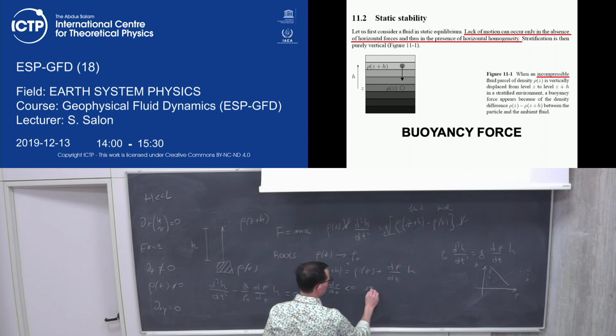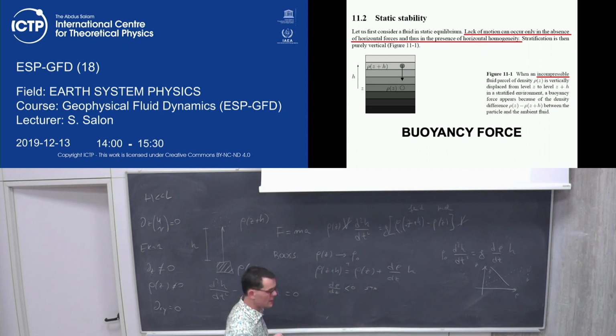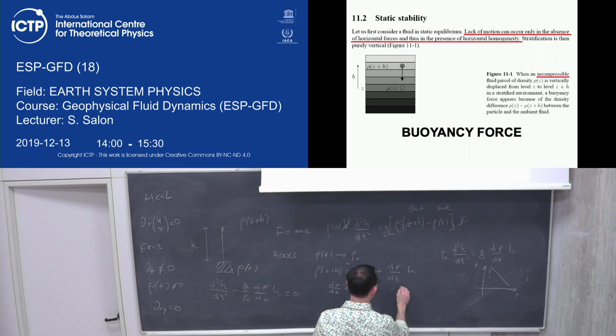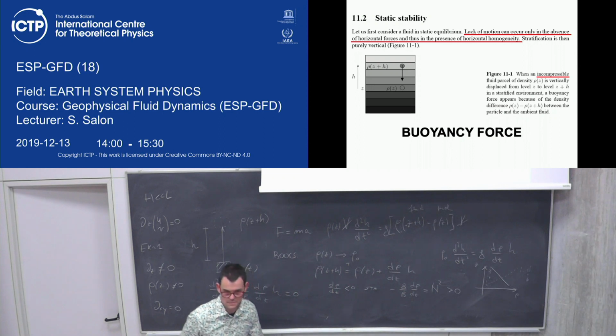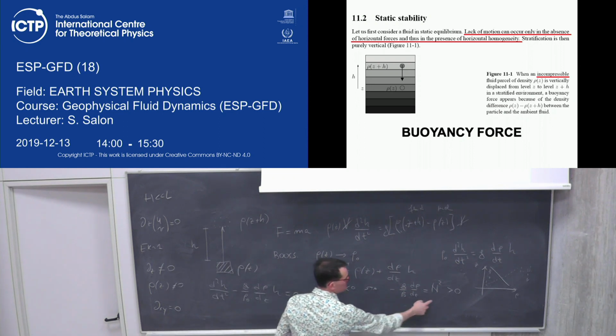So, as you said, we are in the stable case, according to our intuition. So d rho dz negative means that minus g over rho 0 times d rho dz, which I will call capital N squared, is positive. Right? So this is negative, this is positive.